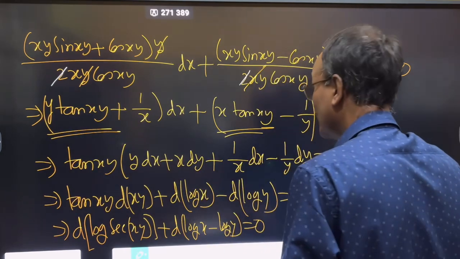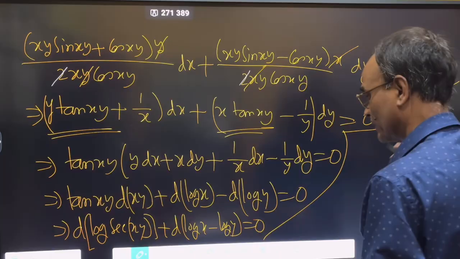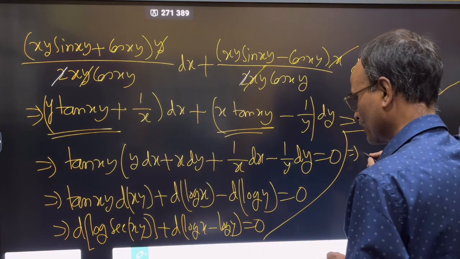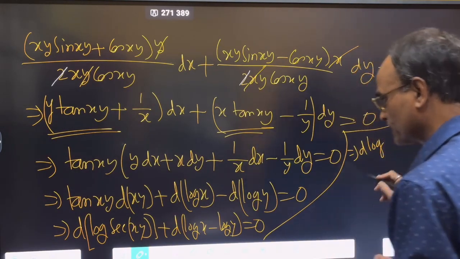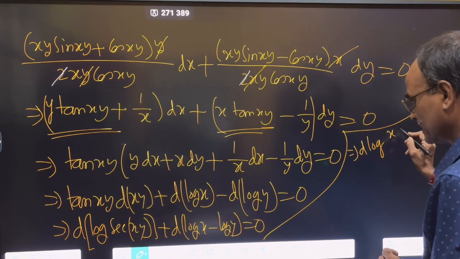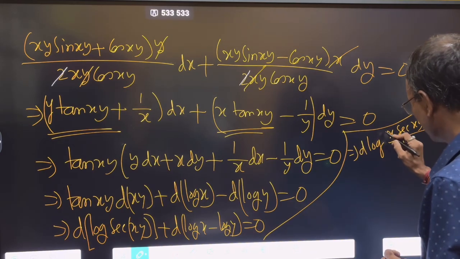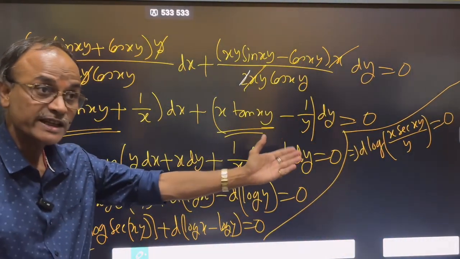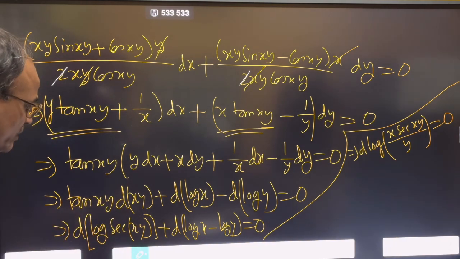You may write like this: d of log of x sec xy divided by y equal to 0. It has been expressed in the form du equal to 0, d of a function of x and y equal to 0.